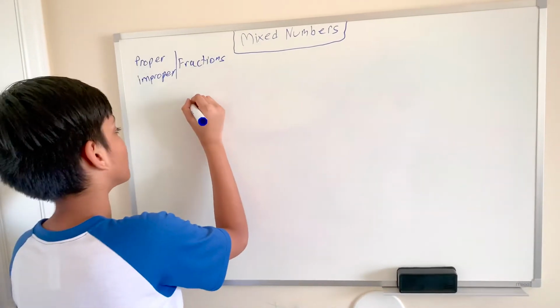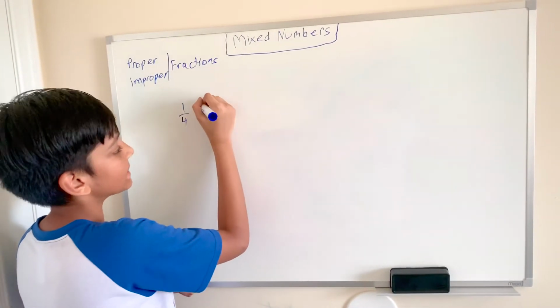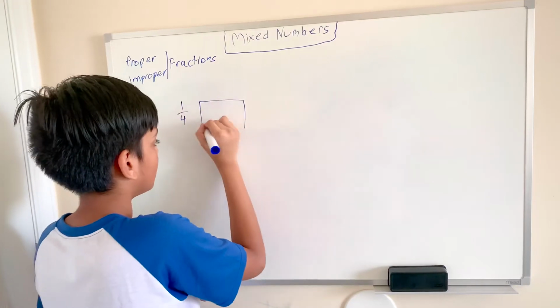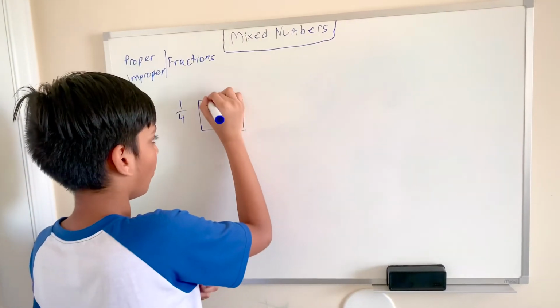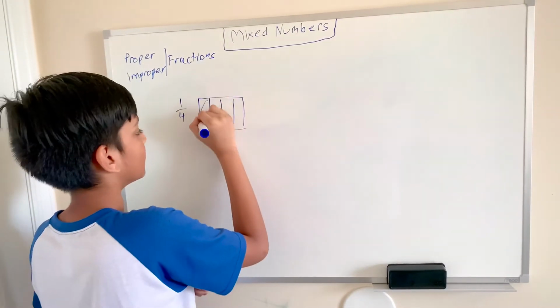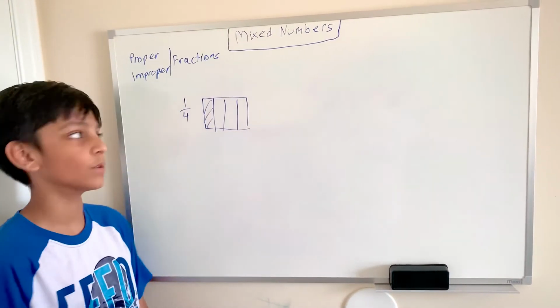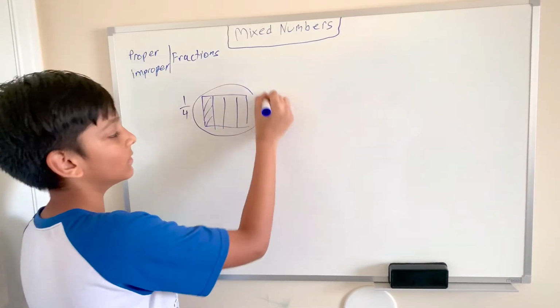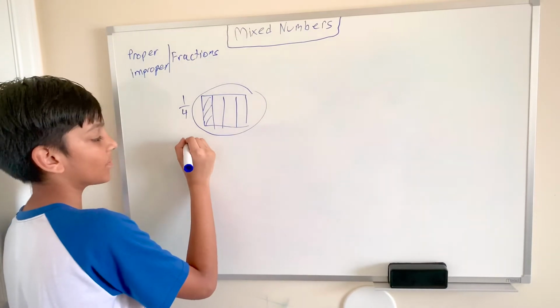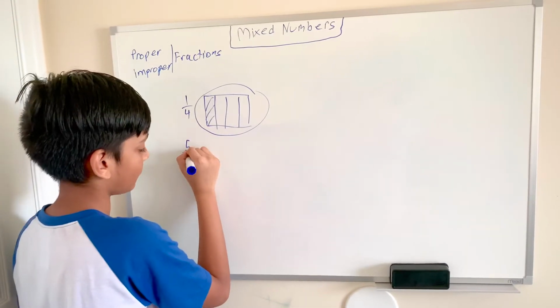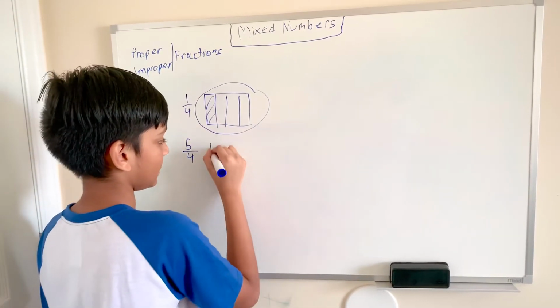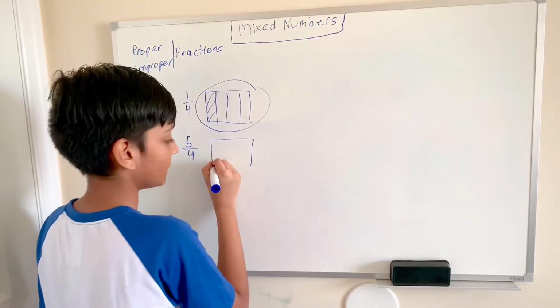A proper fraction would be 1/4, as it is less than one whole. Let's see. Yes, it is definitely less than one whole. An improper fraction would be 5/4, as it is more than one whole.